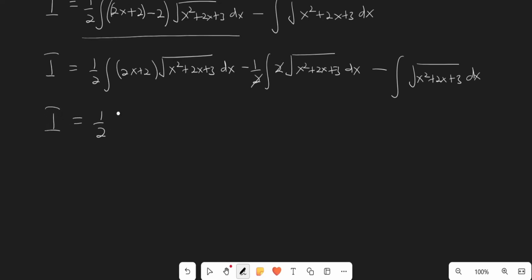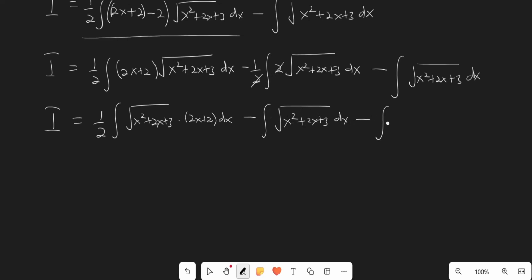So this is 1/2 the integral of the square root of x squared plus 2x plus 3 multiplied by 2x plus 2 dx. The first one, this has cancelled, and this is now minus the integral of the square root of x squared plus 2x plus 3 dx minus the integral of the square root of x squared plus 2x plus 3 dx.